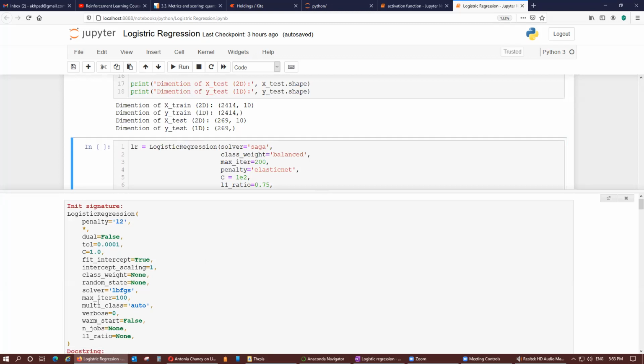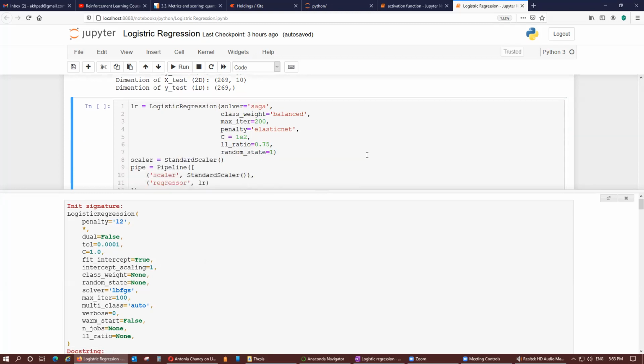These are the hyperparameters that you need to set. Penalty: L1, L2, elastic net. I have chosen the penalty elastic net, which is the combination of L1 and L2. When we select the penalty elastic net, the solver Saga is the only option.